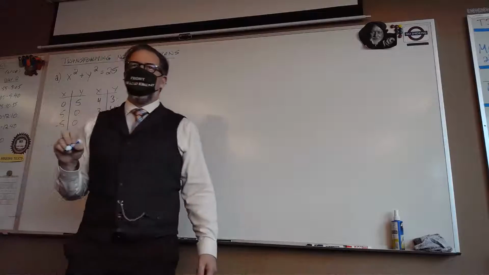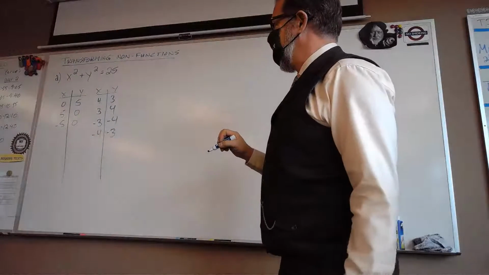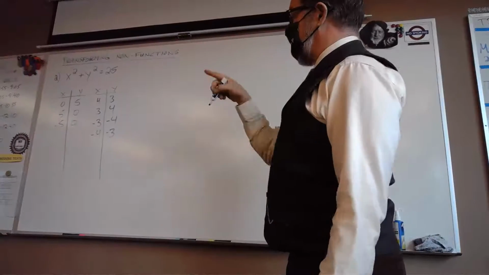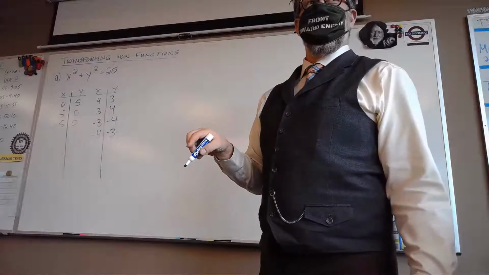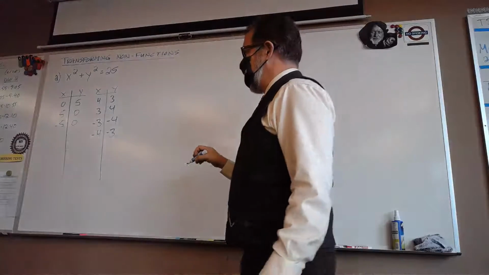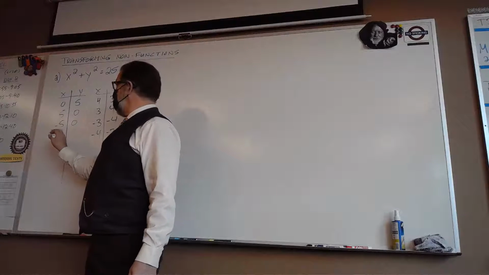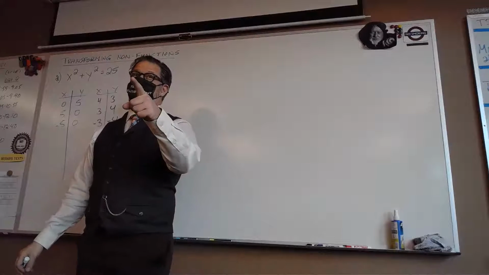Avery, give me a pair of numbers. I see another one that's completely obvious. 1 and 5? Ooh, 1 and 5 would be 26, right? I can skip you and come back to you later.